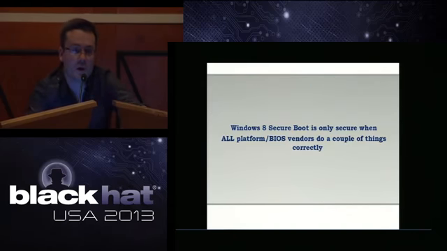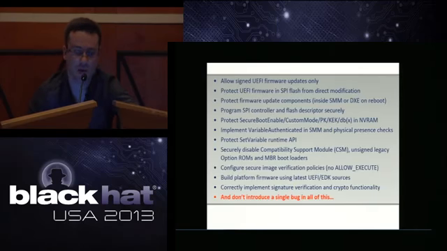So based on that picture, you can conclude that Windows 8 secure boot is only secure when all platform vendors and BIOS vendors do a couple of things correctly. They allow signed UEFI firmware updates, only signed updates. They protect the UEFI firmware in SPI flash from direct modification. They protect the firmware update components, because since you sign updates, you have to protect the code that does the update, either in the SMM or early in the DXE phase, right?